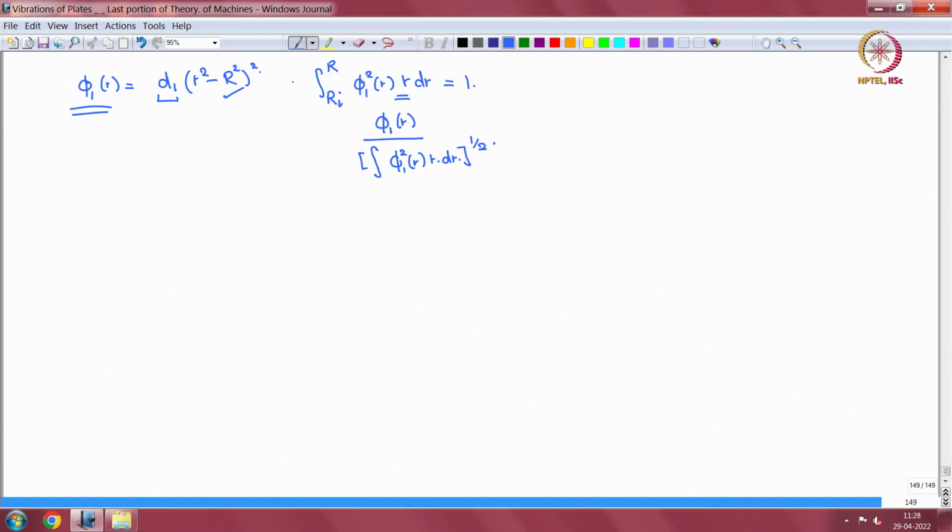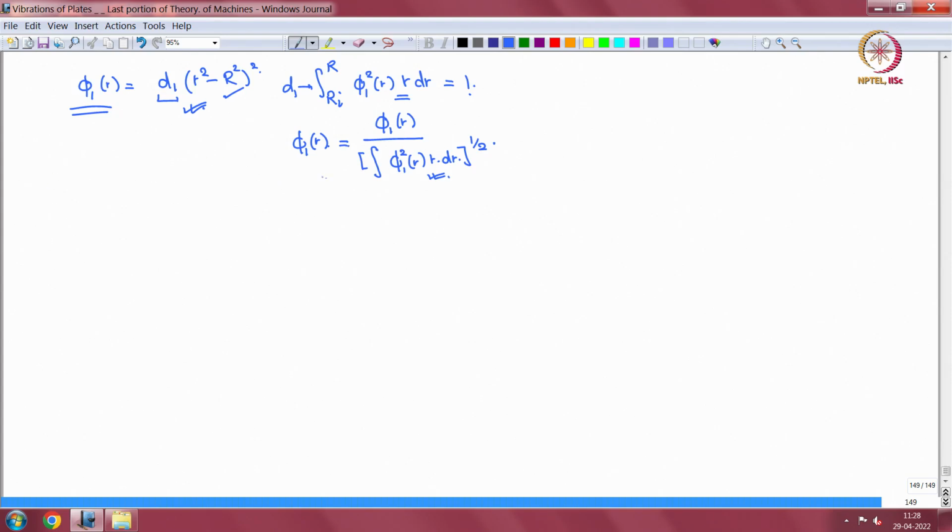Okay. You choose d1 such that this goes to 0, this goes to 1, and then you divide this phi 1 r by this value. So, essentially what happens is, this is the new phi 1 r.